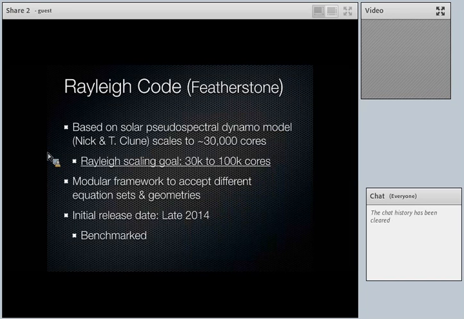And this code scales up to about 30,000 cores, the solar code. And so the Rayleigh code is trying to harvest the work of the solar community and produce a geo/solar dynamo model that has comparable scaling up to about 30,000 and hopefully even higher numbers of cores.